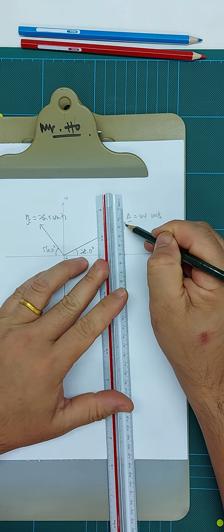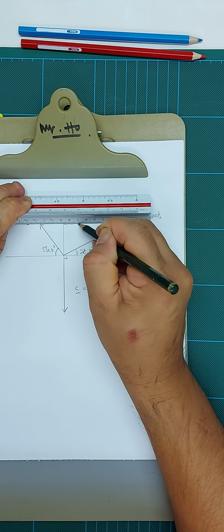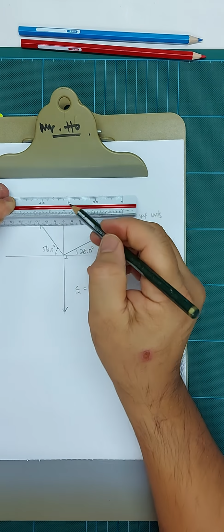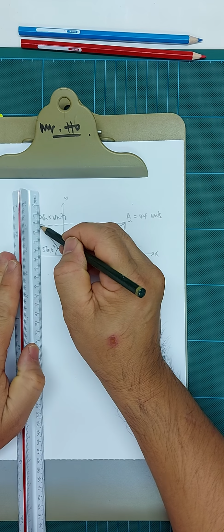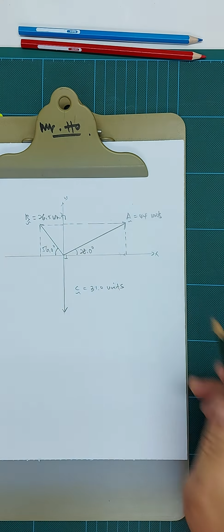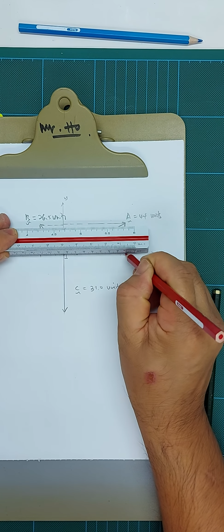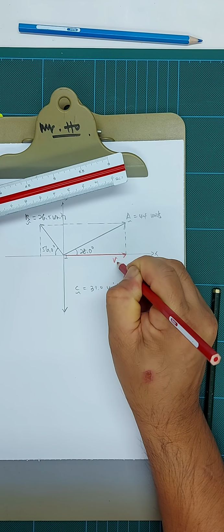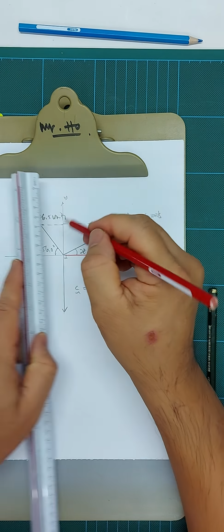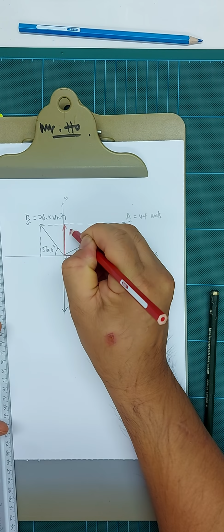So for A first, I will use a different color for each of their components, and B also has a different color, except C. Now for A, this is the horizontal component, I call this one Vx, and this one here is Vy, red color.